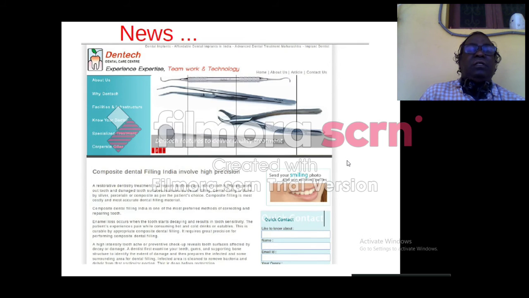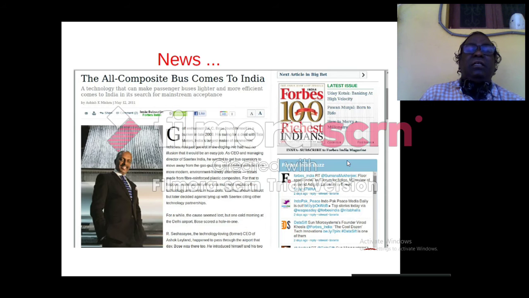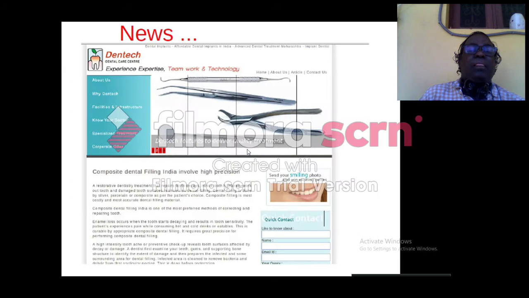Also in India, a bus is going to come made with all composite material. In the dental field also, composite material is used as a filler.